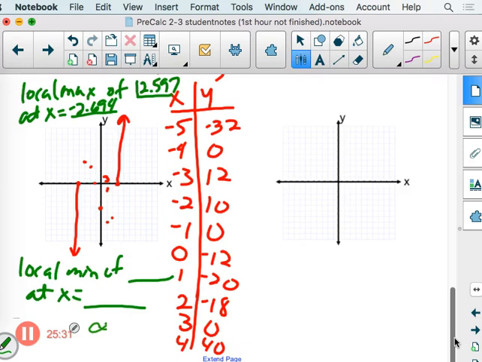Okay, so let's see. Negative, not quite 3, 3, 6, 9, 12, and just a little bit more. So now I'm confident that's that highest point right there.